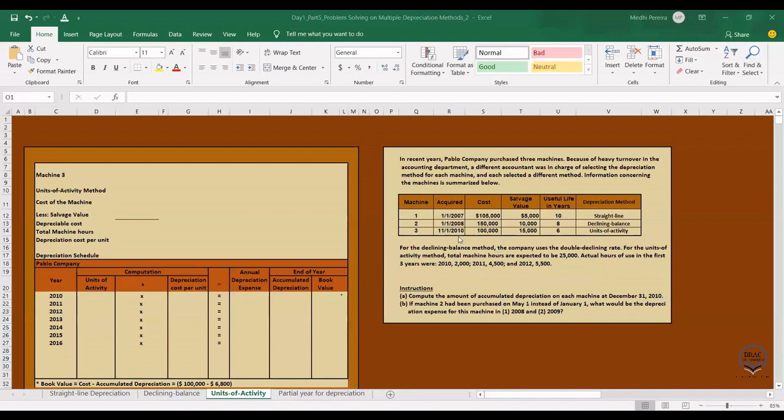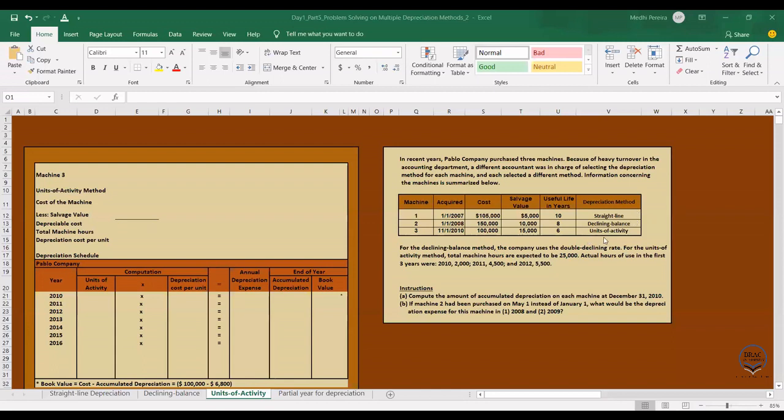If it was some other depreciation method, then we should have calculated the depreciation for 2010 for only 2 months, which is November and December, because the machine was bought in November. We don't need to calculate the depreciation for the time when the machine was not there in the company. That is the reason why it should have been 2 months for the other two methods.